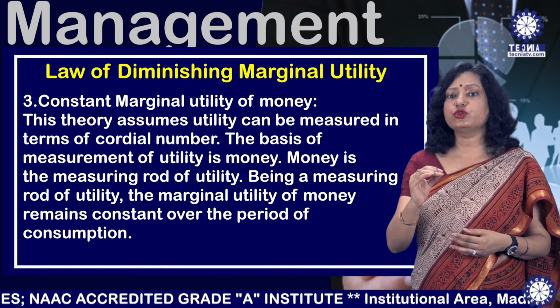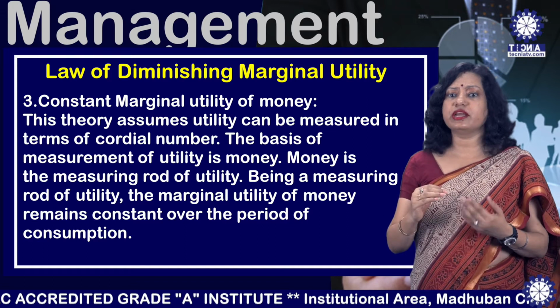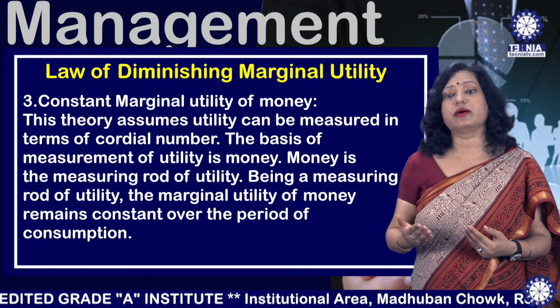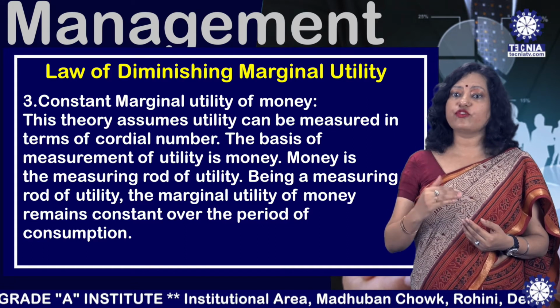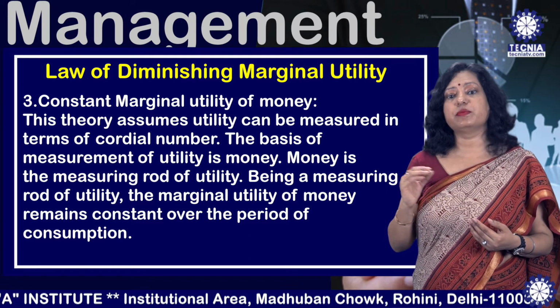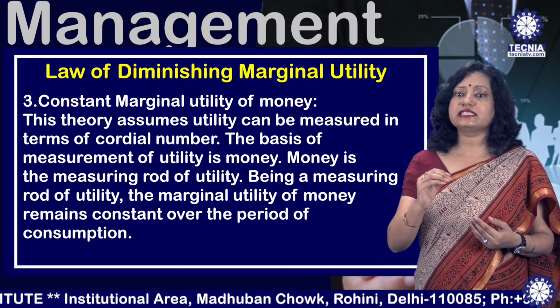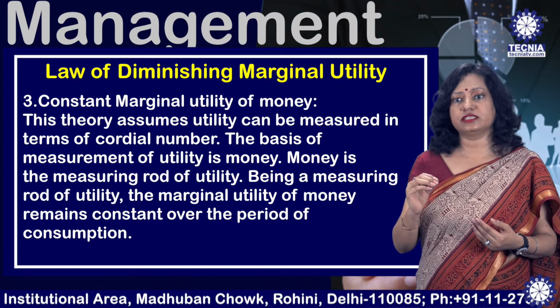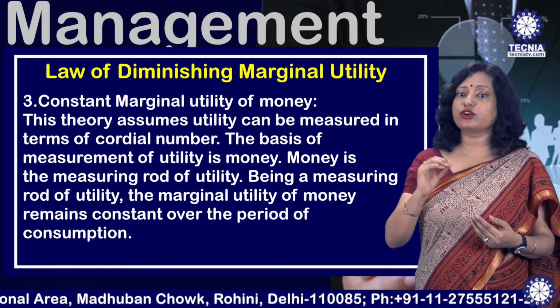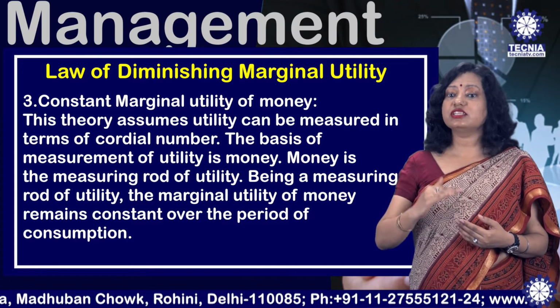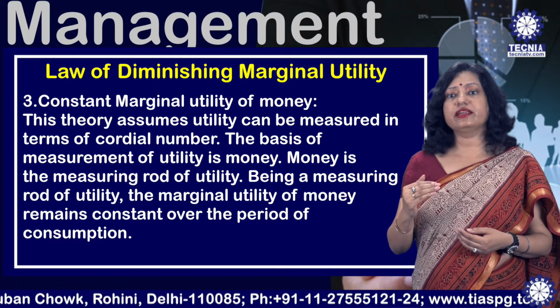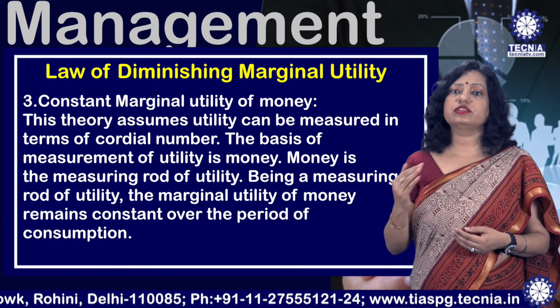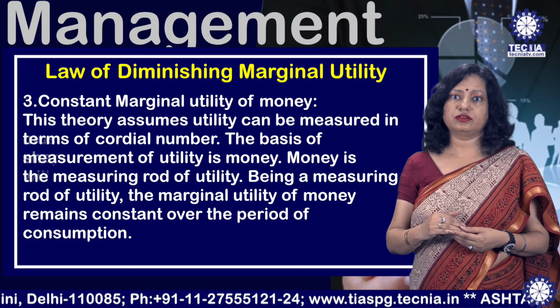This theory assumes utility can be measured in terms of cardinal numbers. The basis of measurement of utility is money. Money is the measuring rod of utility. Being a measuring rod of utility, the marginal utility of money remains constant over the period of assumption.